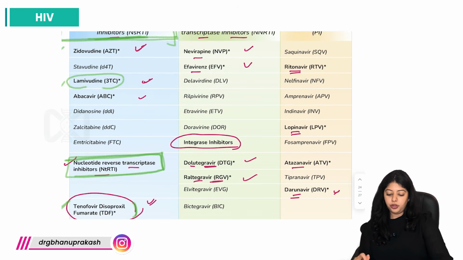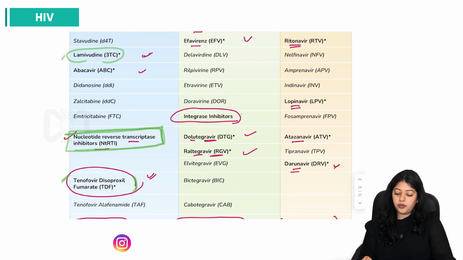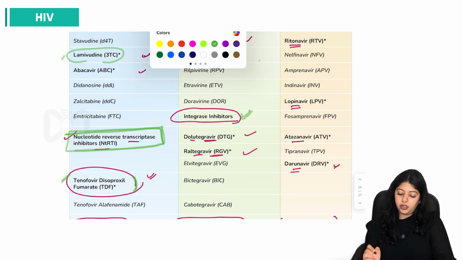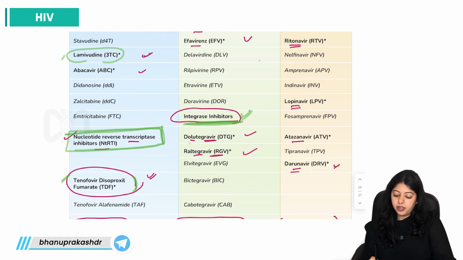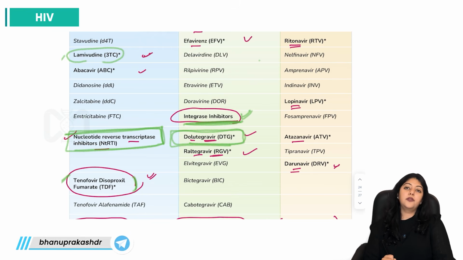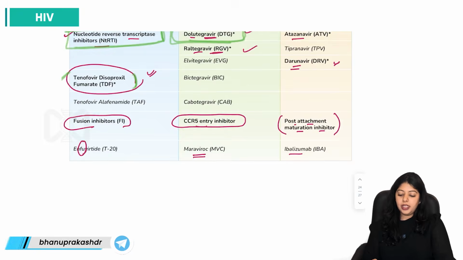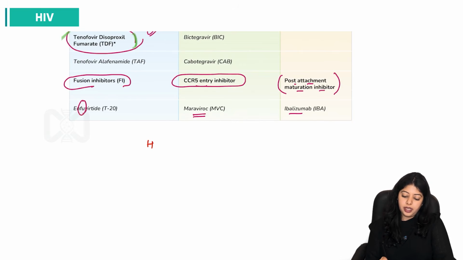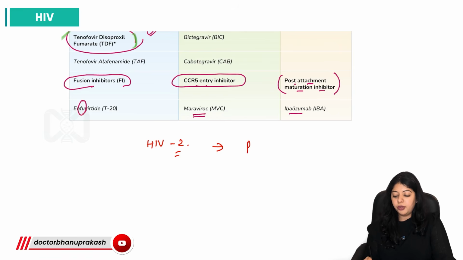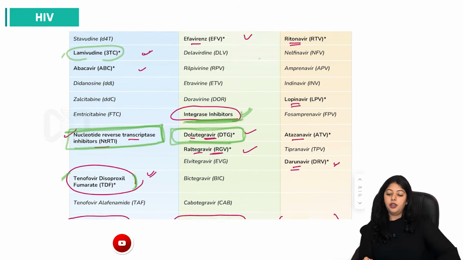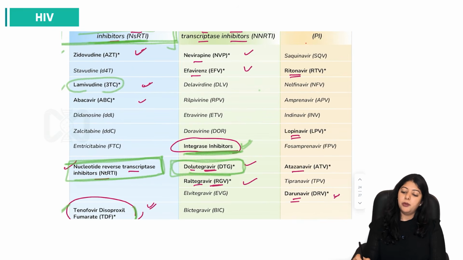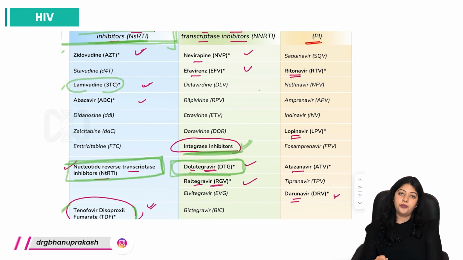And then we have dolutegravir, which is from the integrase inhibitor. So this is the third class of drug. So this is for HIV-1 patients. In case of HIV-2 patients, we are going to add one protease inhibitor as well. So any one drug from the protease inhibitor class, right?